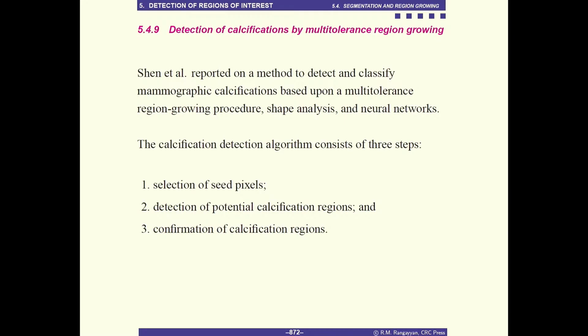In the case of benign calcifications, most of them are fairly round and smooth, and there are not many of them. Whereas in the case of malignant calcifications related to breast cancer, there are many of them in a given area, and their shape characteristics vary. There is heterogeneity in density, whereas the benign ones are more homogeneous and smooth in shape.